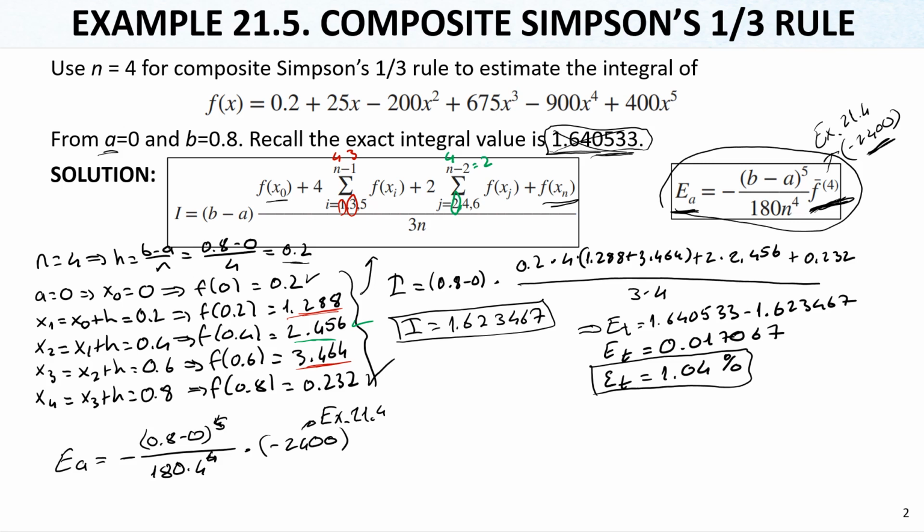You can check that, the single application of the Simpson's 1/3 rule. And the result is 0.017067. So again, it's the exact same result. Why? Because this h has the 5th order and the function has the 5th order, then we will get the approximation error exactly the same as the true error.